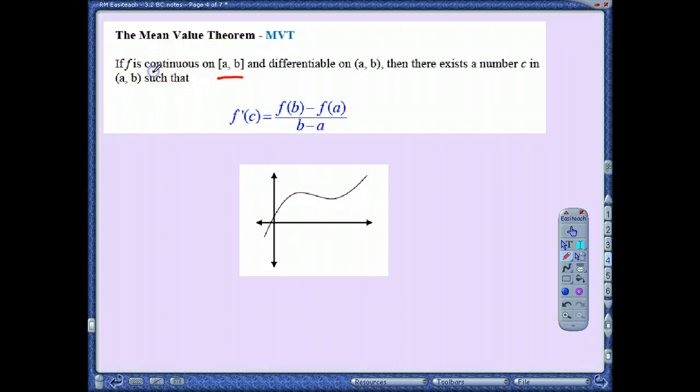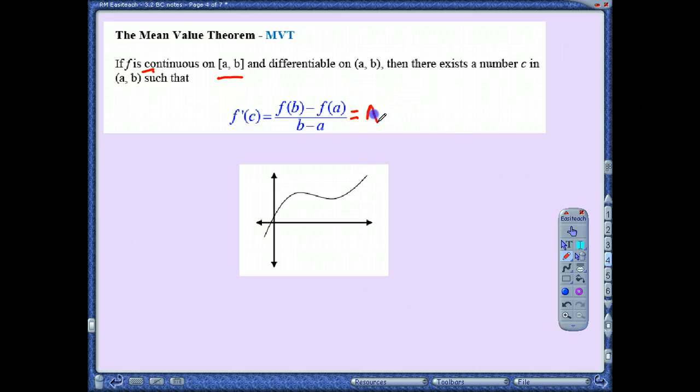So if you're continuous on the closed interval, differentiable on the open interval, then there exists a number c in that interval such that the derivative at that c is equal to f of b minus f of a all over b minus a. This f of b minus f of a divided by b minus a, that looks familiar. That's slope.